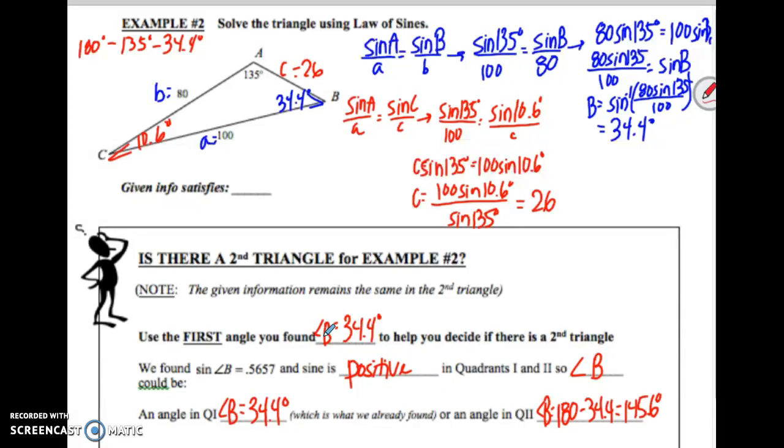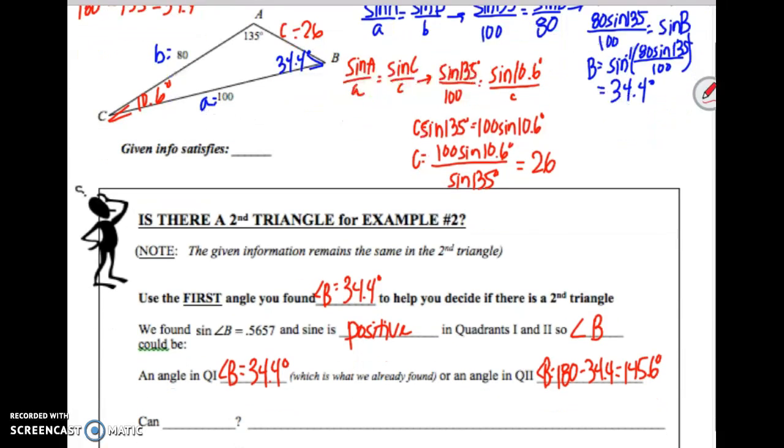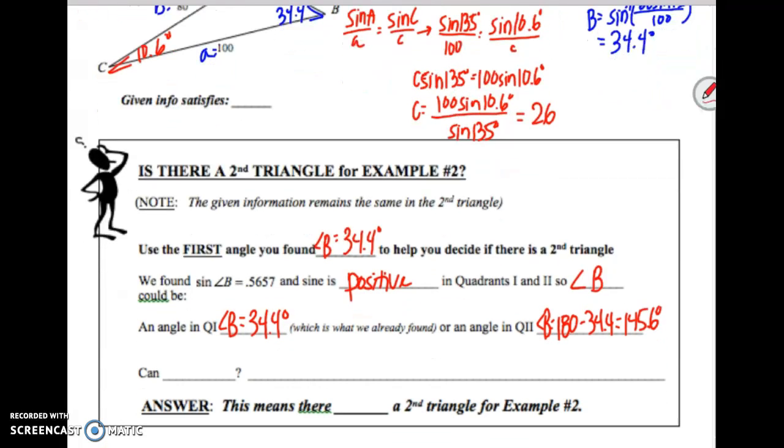Now we have to ask ourselves, can angle B equal 145.6 degrees? We have to think of the information that we were given. We were given side, side, angle, where the angle we were given was 135 degrees.